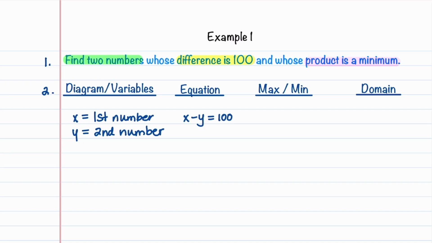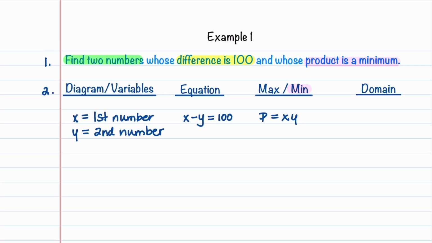Now let's see if we need to find a minimum or a maximum. Our problem states that the product is a minimum, so I'm going to highlight minimum, and let's write down an equation for the product. The product is just the 2 numbers multiplied, so this is going to be x times y. Now what we need to do is put our product in terms of just one variable, and we're going to put it in terms of x.